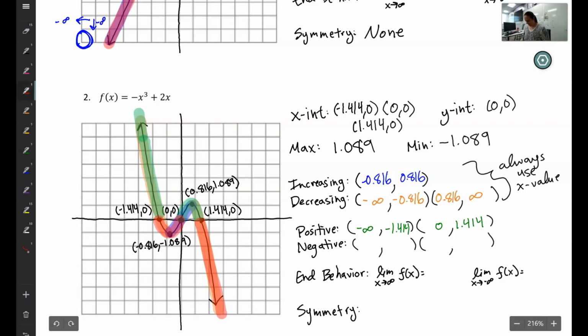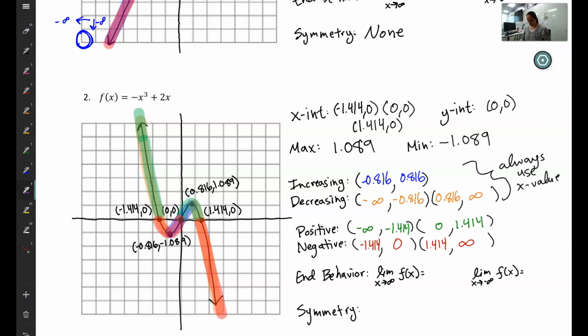For my negative parts, first spot right there, x values, negative 1.414 to 0. And then this spot is positive 1.414 all the way to positive infinity. And remember, we always think about these in terms of domain, x values left and right, not up and down.